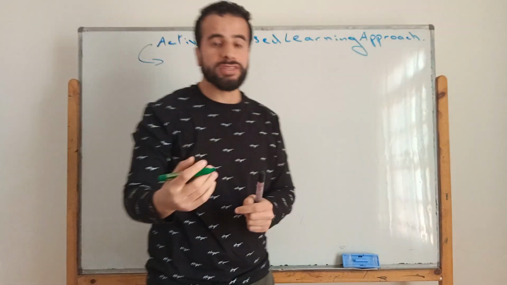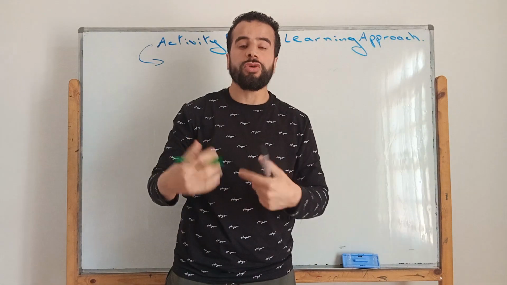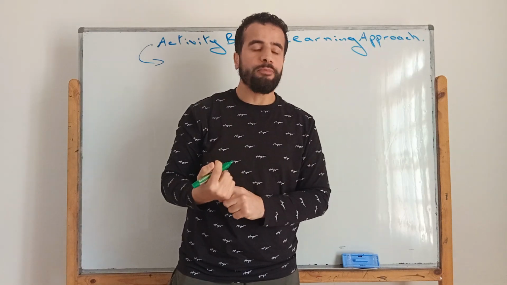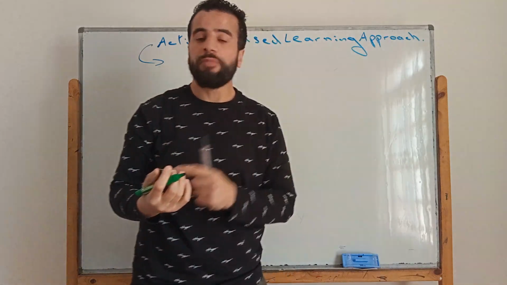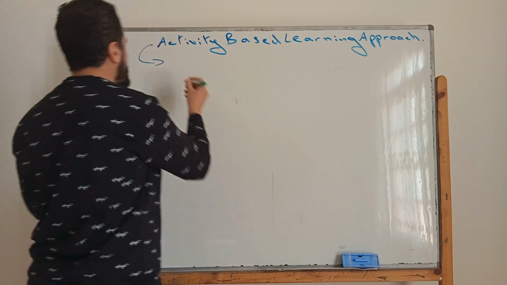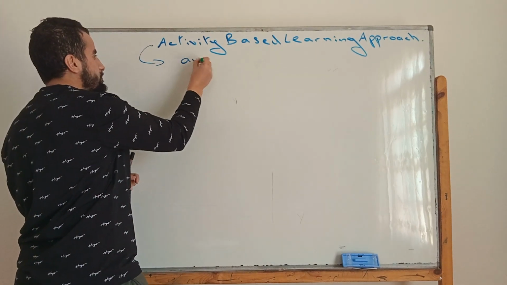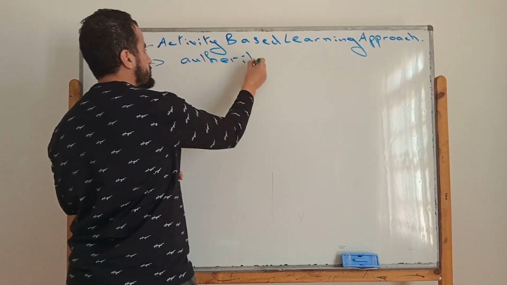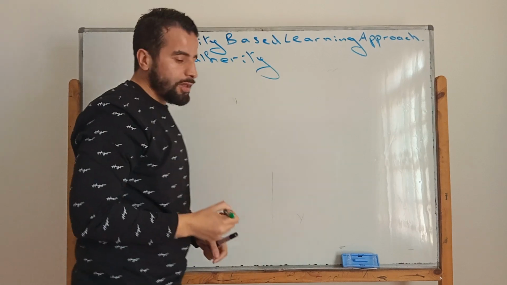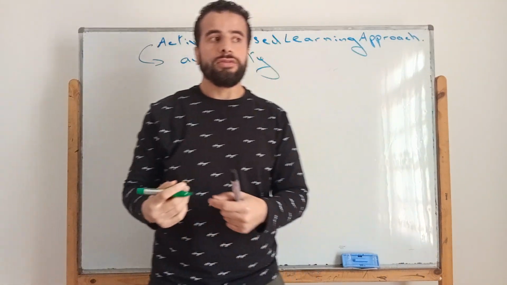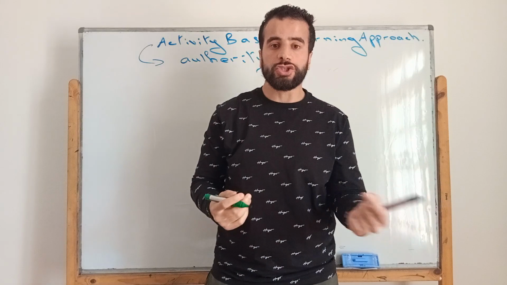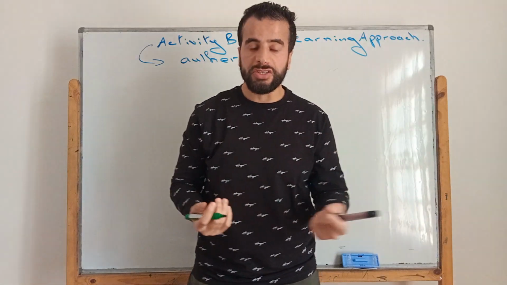When we talk about authority, it means to be an authoritarian participant. So here we are dealing with authority. Authority does not mean to take charge of the learner's behavior.